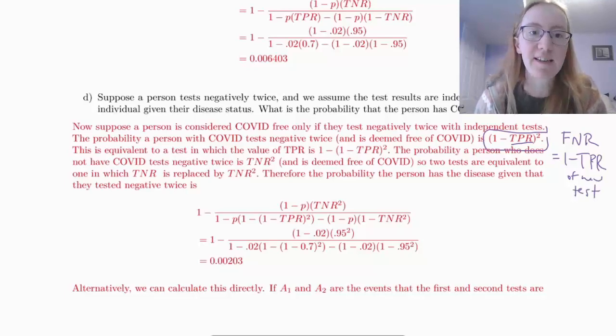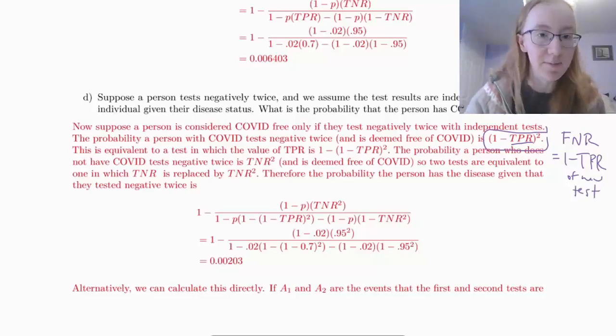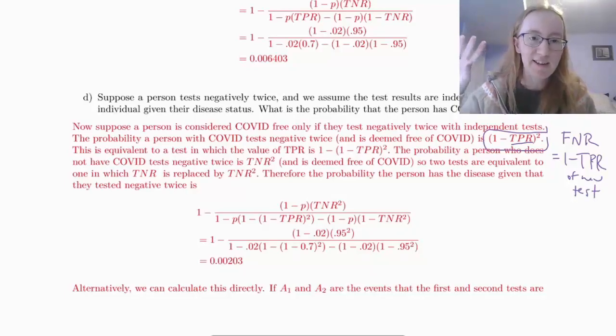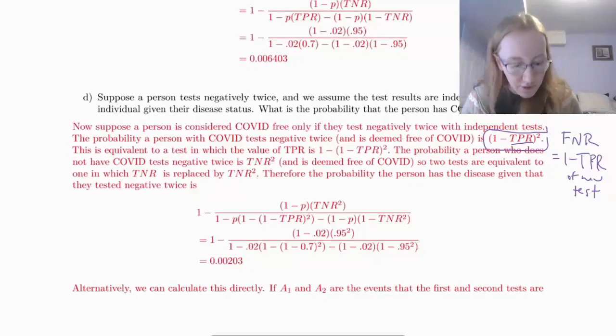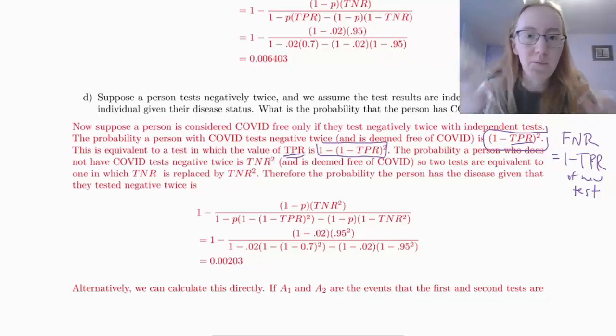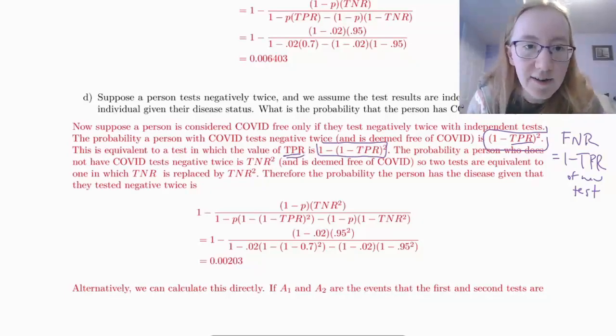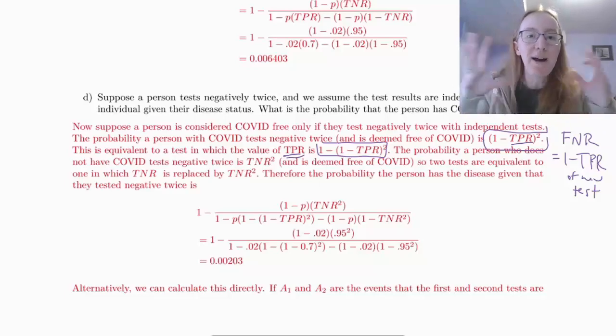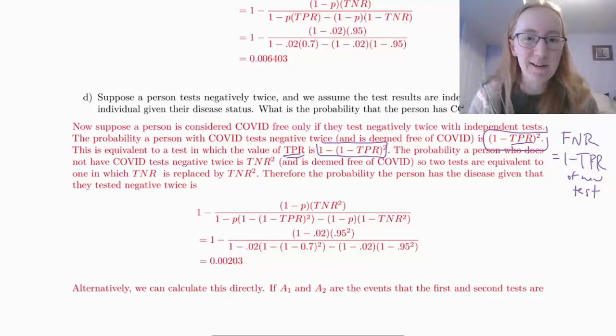So that's the probability that someone with the disease slips through this protocol. That's the false negative rate, or 1 minus the true positive rate. So the new TPR is 1 minus (1 minus the old TPR) squared.